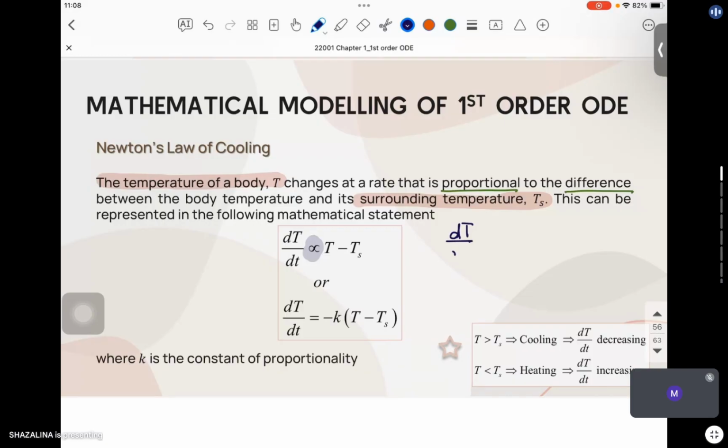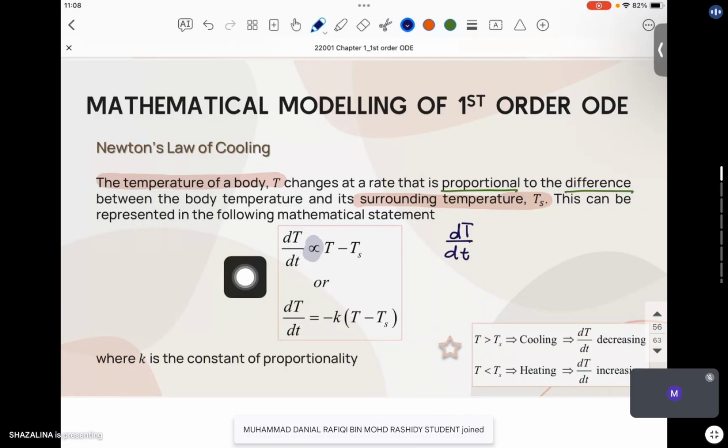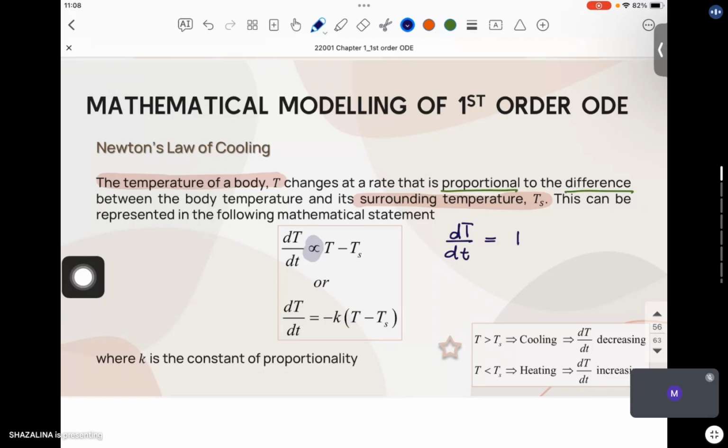dT d small t change to proportional to equal will be equal k. In bracket we have T minus Ts. Tapi for the temperature, the rate of change is different. Okay, apa maksudnya? Okay, the rate of change represent as D capital T, D small t.